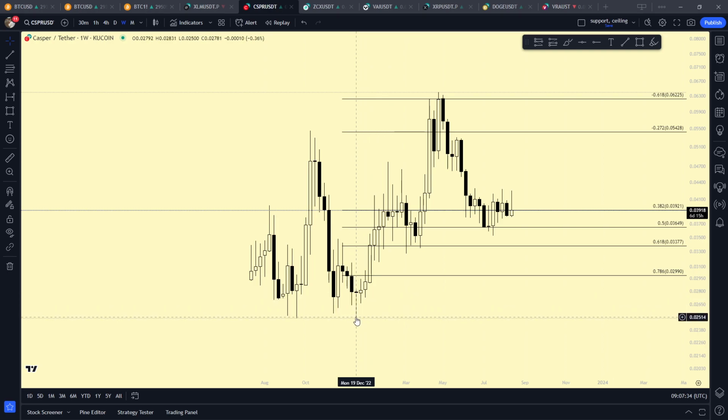So you take your fib from the low of the move to the high, then we see a higher low, and then we can always expect a higher high. So, a low, a high, a higher low, and a higher high.